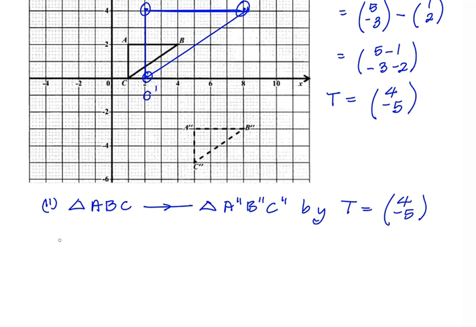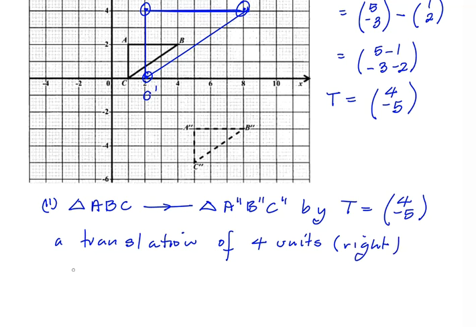This is a translation of 4 units right, parallel to the x-axis, and minus 5 units.